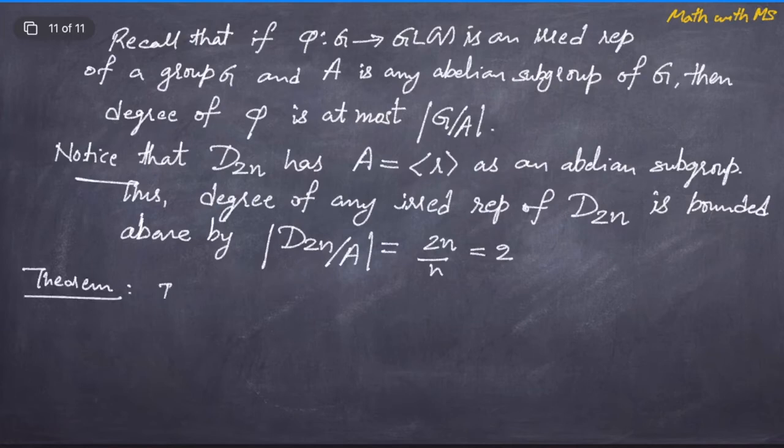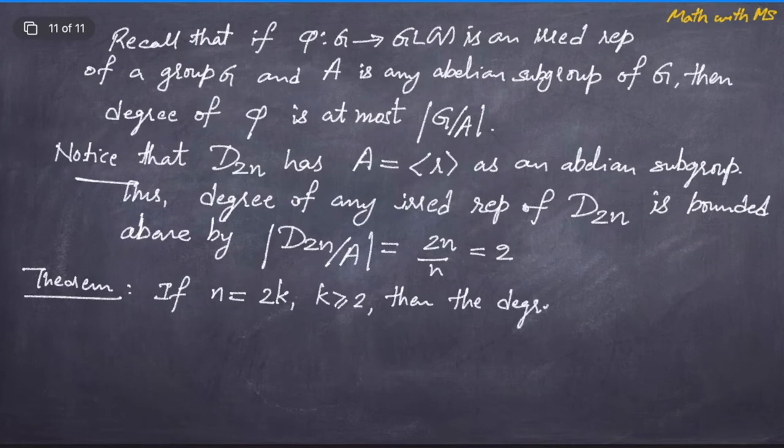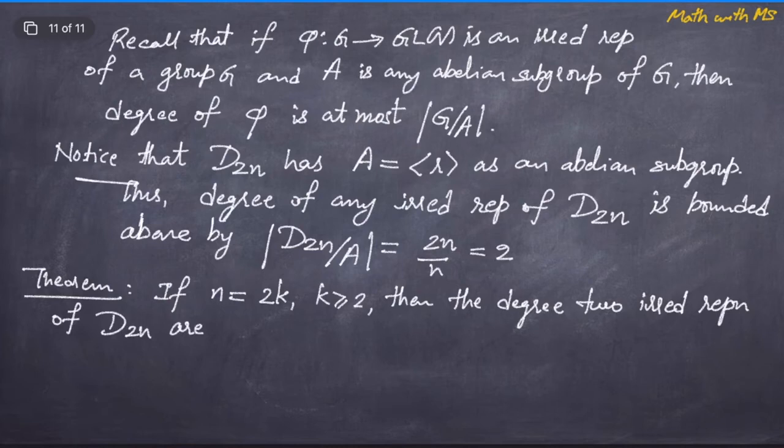Theorem: if n is even, let us say n equals 2k, k bigger than or equal to 2, then the degree 2 irreducible representations of the dihedral group D_2n are given by the following.